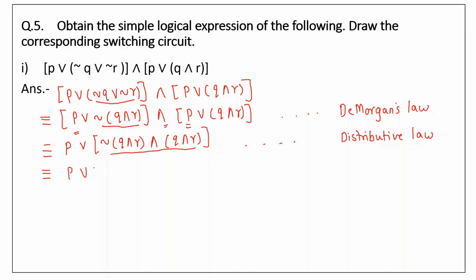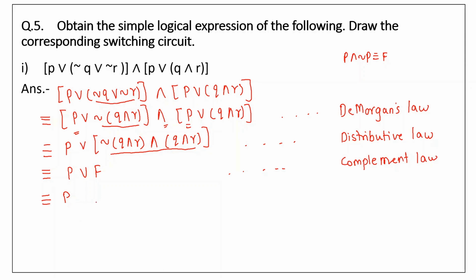Complement law. Do you remember? Negation P and negation P is equivalent to F. So we write here F. We have to write the law which is complement law. Okay, so what will be P or F? So this gives us P. Now we convert this given logical expression into simple logical expression which is P.